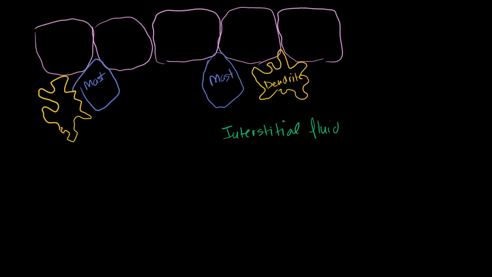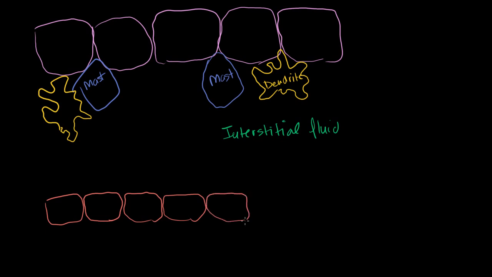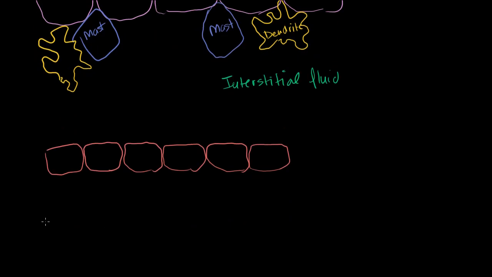So let me draw that. And instead of just drawing them as tubes, I'm actually going to draw the cells of our circulatory system. So let's say that down here, these are the endothelial cells of our capillaries. These are literally the cells that make up the walls of our capillaries. Let's say that's one side, and let me draw the bottom side right here. These are the actual cells. And of course, this is a cross section.